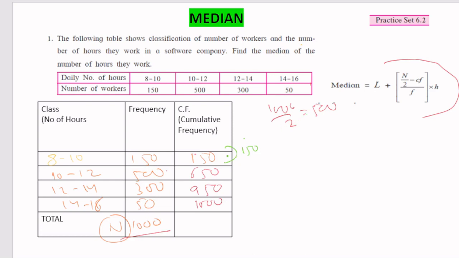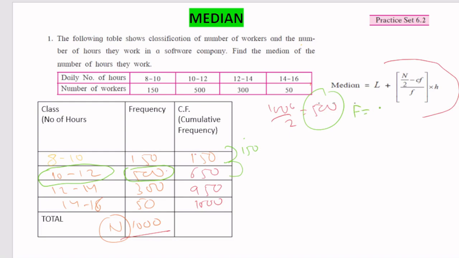So 150, it will not fall for sure. Next is 650, and 650 is greater than 500. Definitely your 500 will fall in this particular class, 10 to 12, and this will be your frequency for that particular class.